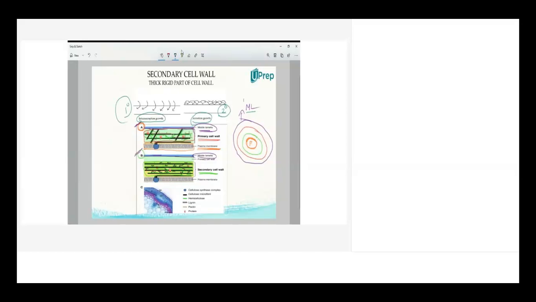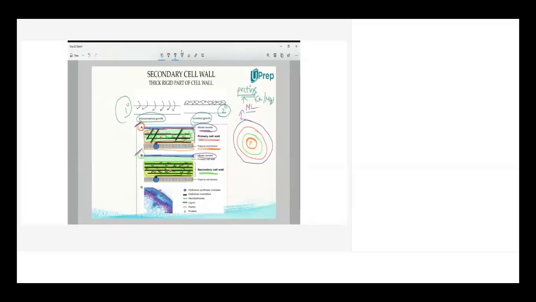Middle lamella is purely made up of pectins. Okay. Now you may have calcium or magnesium pectates. I'll show an example where the middle lamella application can be observed. After explaining this part, I'll get into that point.